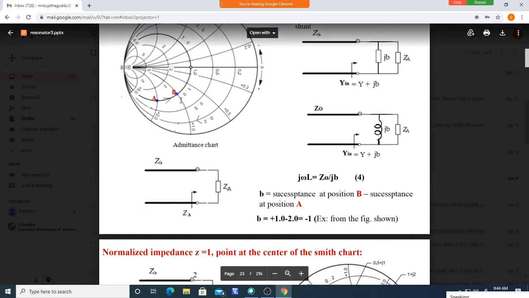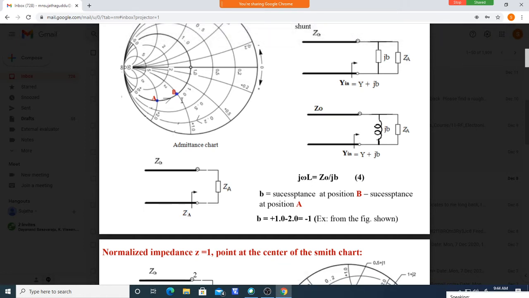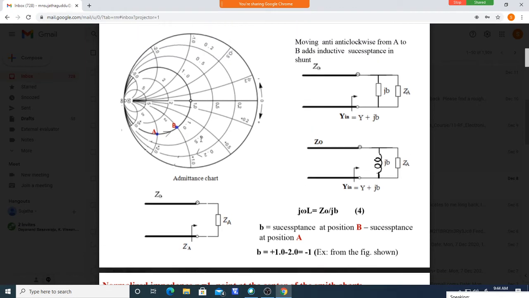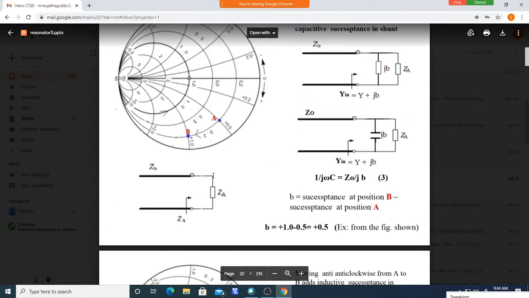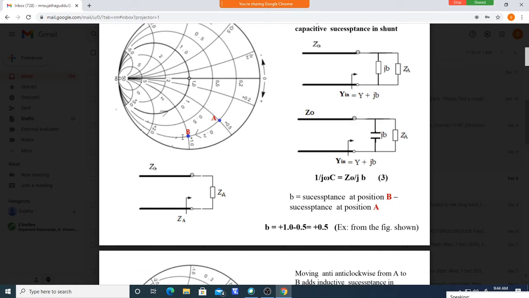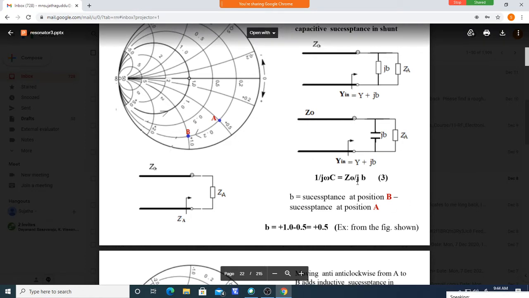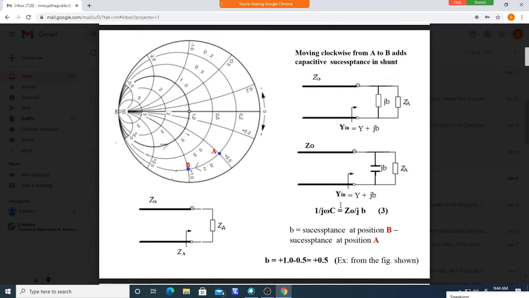This procedure you should use in impedance matching. Similarly, if you move in the clockwise direction on the conductance circle in the impedance matching network design, to find the value you should use these equations.